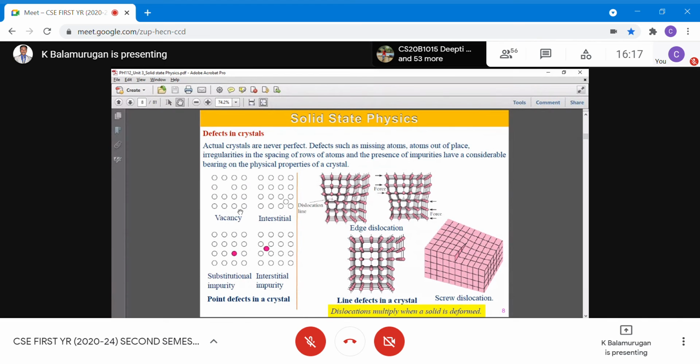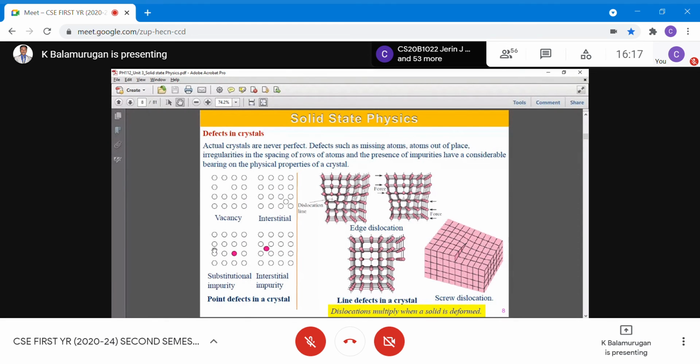Here we have all the atoms, nothing is missing, but one atom is not the same as the other atoms. One atom is different; it is an impurity atom. For example, if all the open circles represent carbon, the closed pink circle represents some other atom, not carbon, something else.